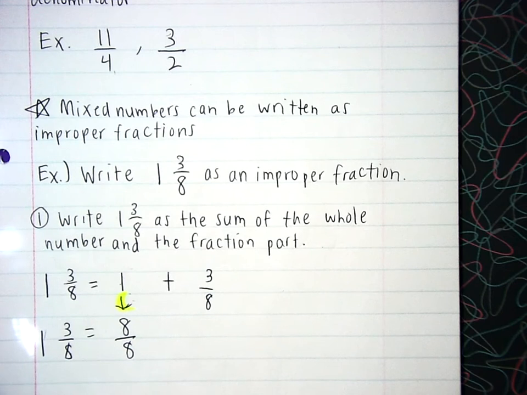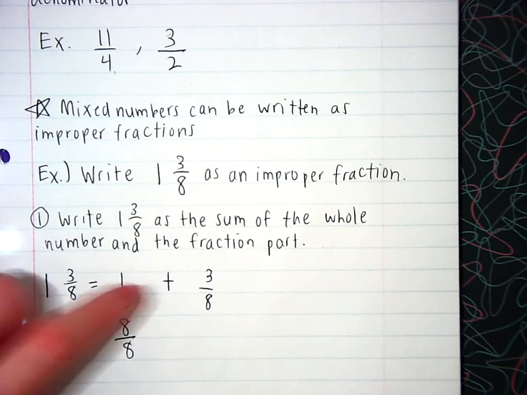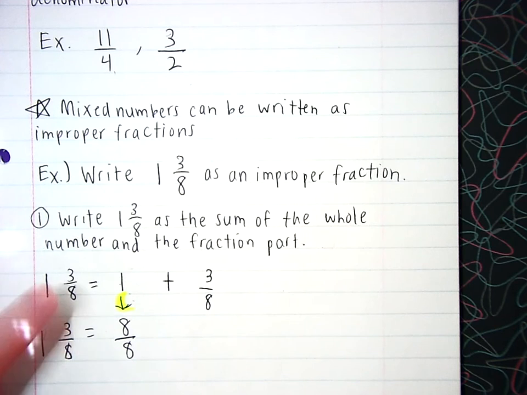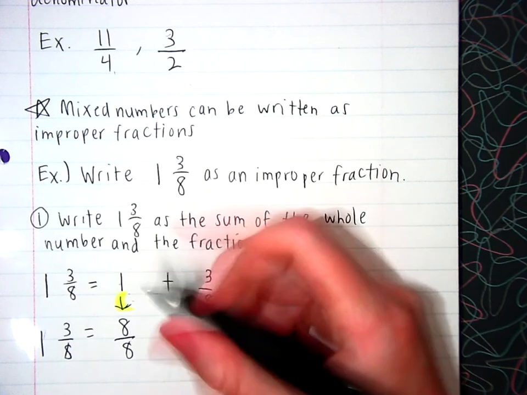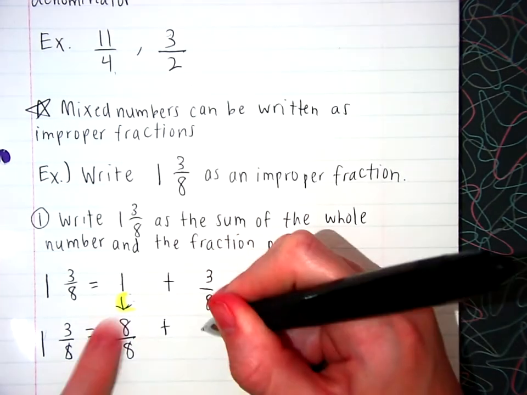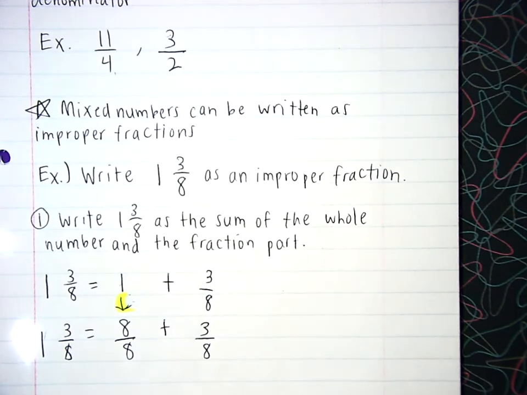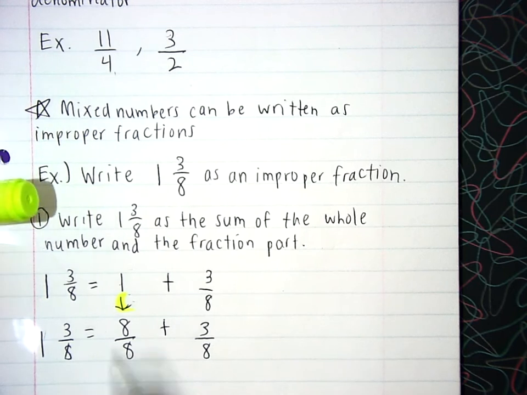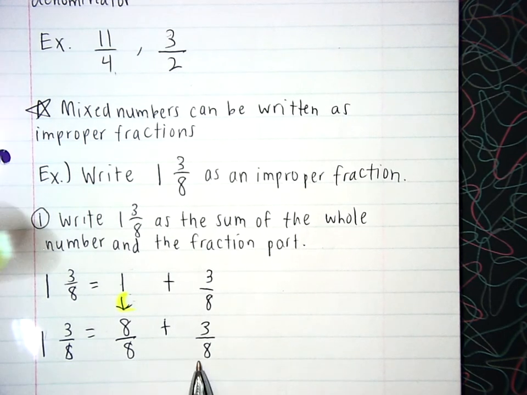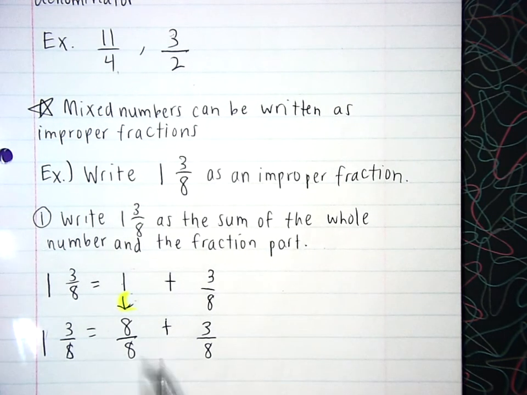They got the whole number from the mixed number from it being 8 over 8. Remember, when the numerator and denominator match, it makes the whole number. The 8 was the denominator. So then I've turned the whole number into a fraction: 8 over 8 plus the 3 over 8. From there, I'm going to add these. Because we're writing it as an improper fraction, you will keep the denominators the same.